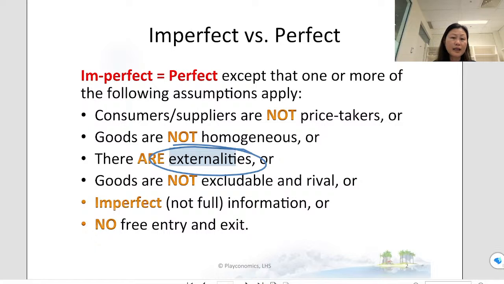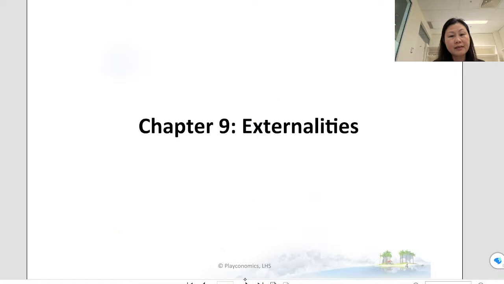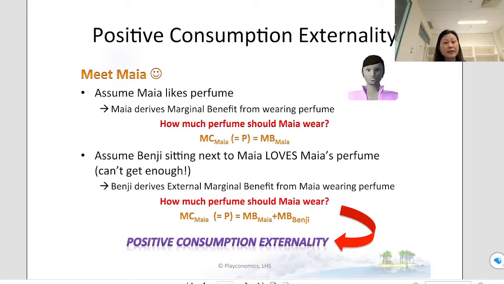Now, when we look at imperfect markets, we talk about externalities. And for this particular chapter, we're going to start by introducing Maya. We're going to talk about positive consumption externality.